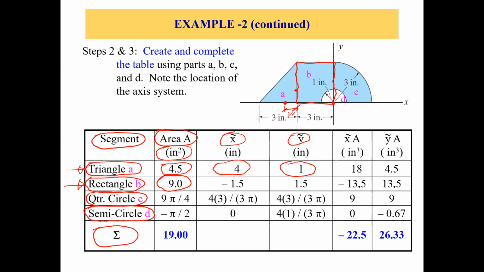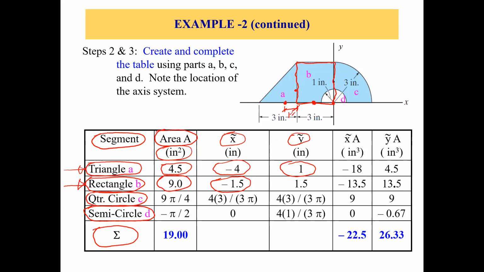Now what is the X bar of this part B? We know that it will be in the center of this rectangle on the X-axis. Again, it's in the negative x direction, so it'll be negative 1.5 inches as x bar. Then we want to find the y bar.